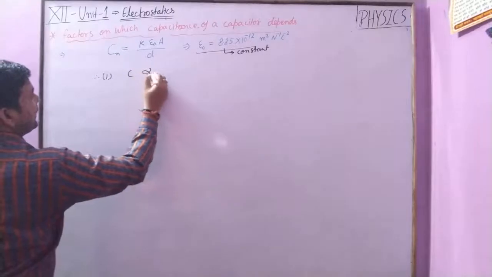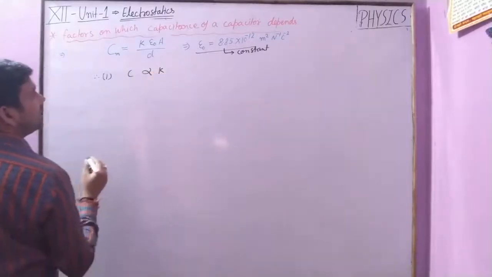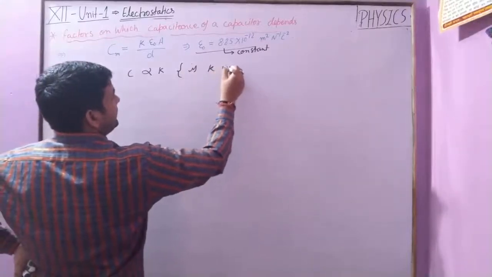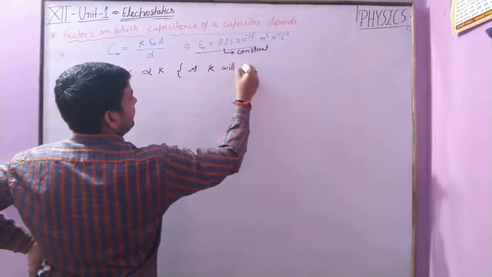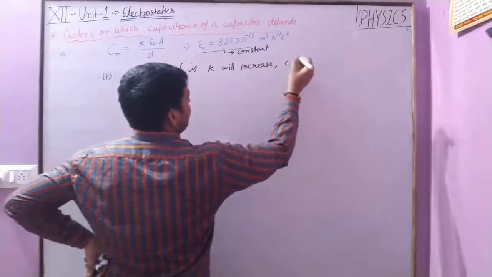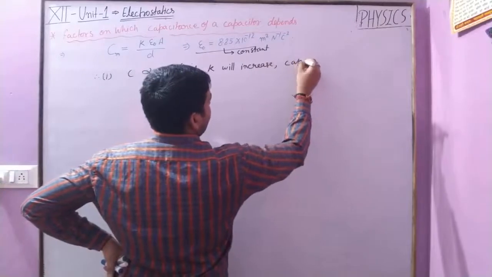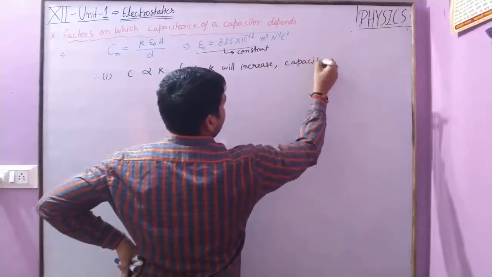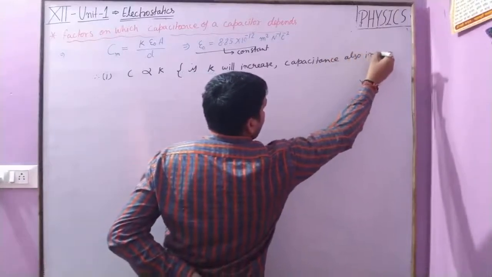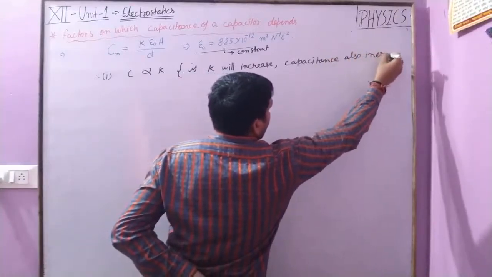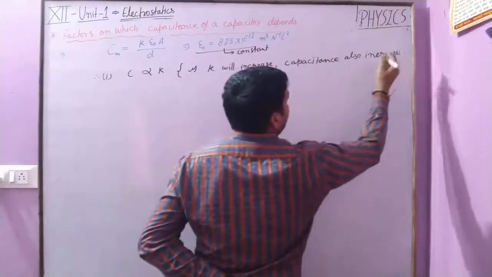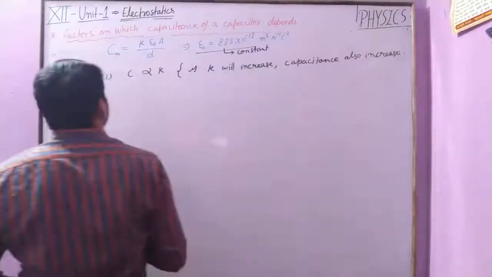This C is directly proportional to K, which means if K increases, capacitance also increases.